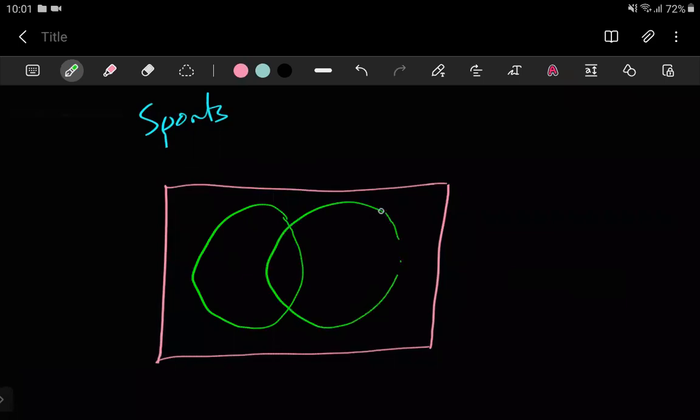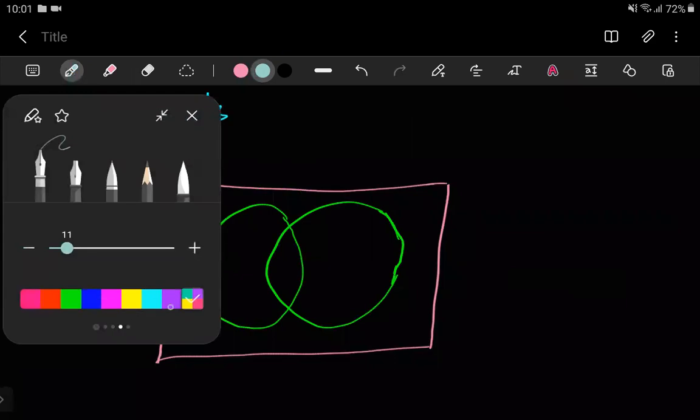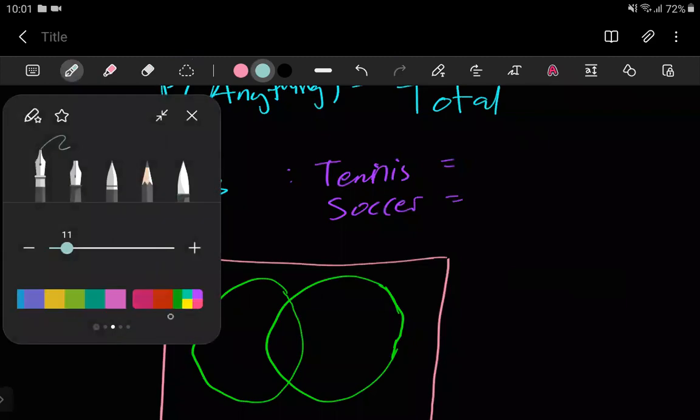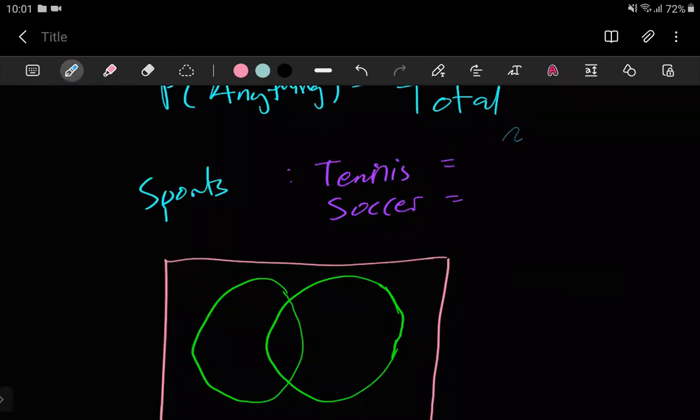Let's say the one sport is tennis, and then the other sport is soccer. Let's say the number of people that play tennis is 38, and the number of people that play soccer is 22.